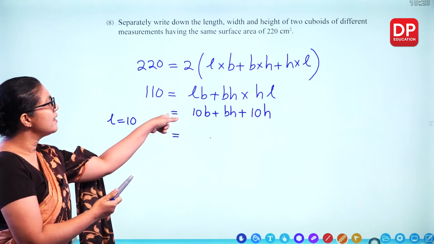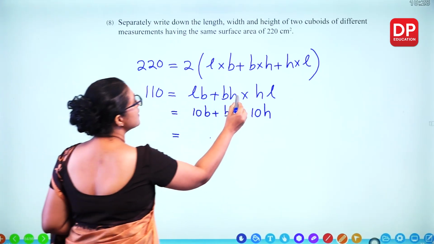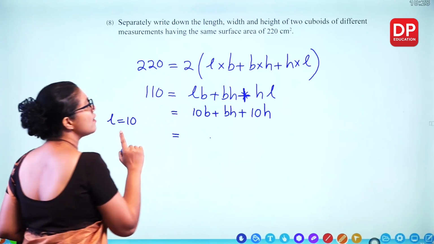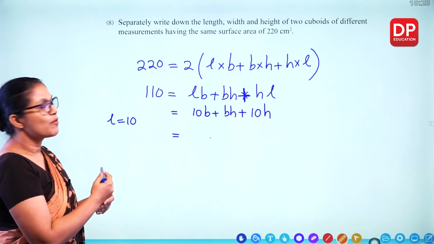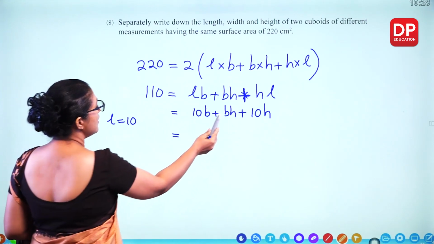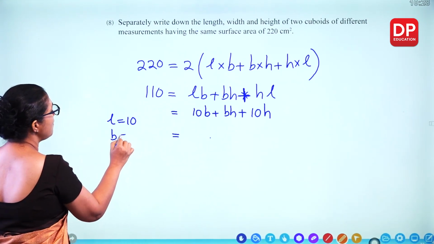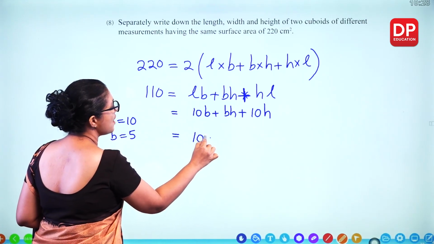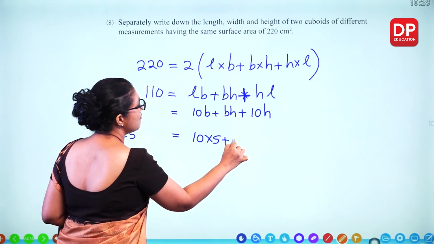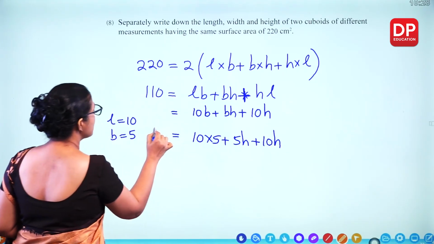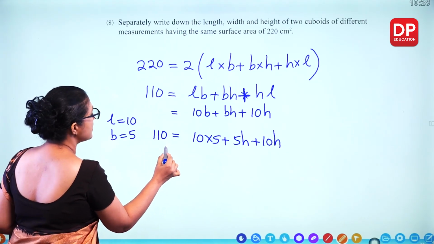So the total of all these, this is addition, this is addition, should be equal to 110. So we'll take B as 5. What happens if B is 5? 10 times 5 here, 5 times H and 10H. So what's the height then?